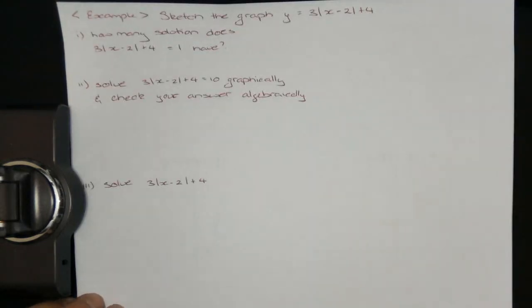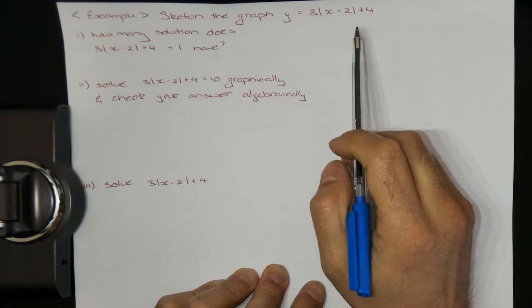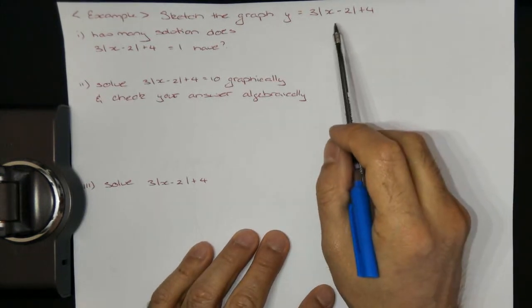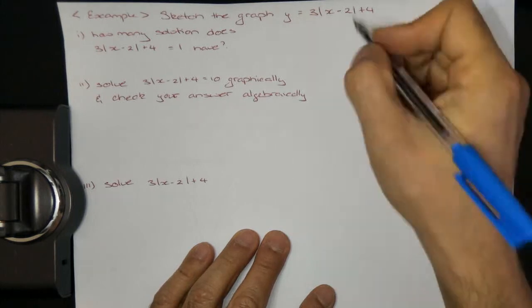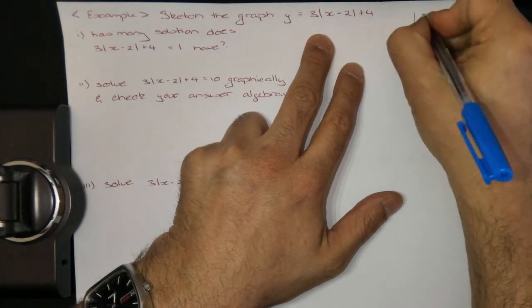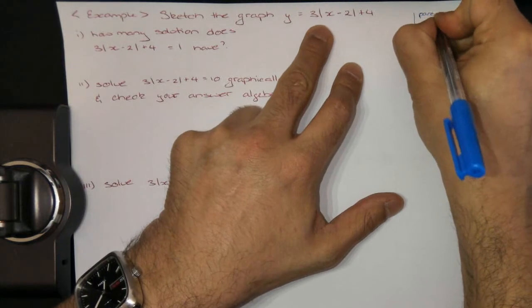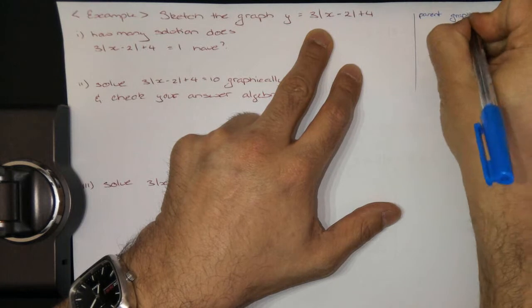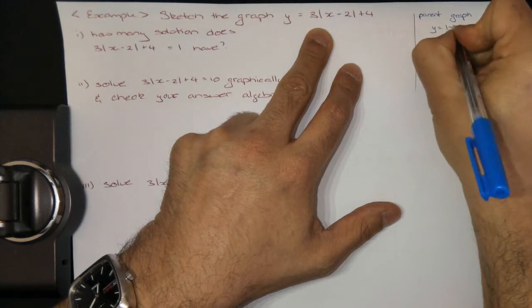So we want to sketch the function y equals 3 absolute of x minus 2 plus 4. We know that the parent graph is y equals the absolute of x.